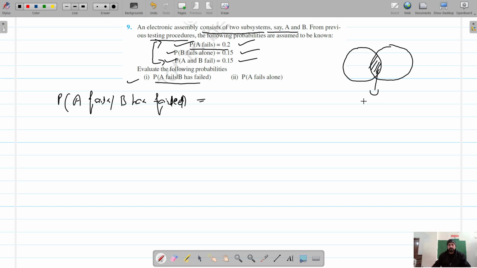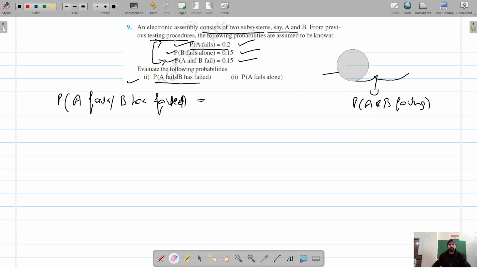So this is the probability of A and B both failing, and this one is the probability of A failing alone.